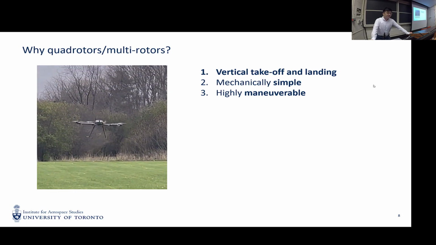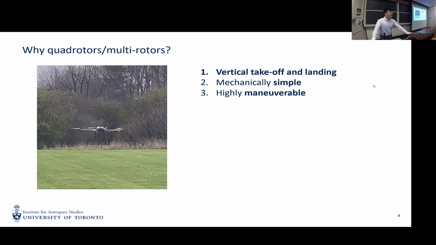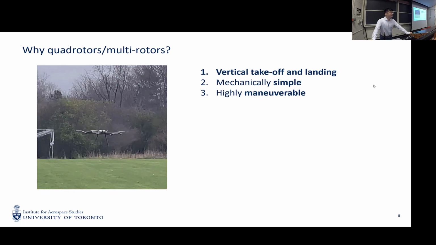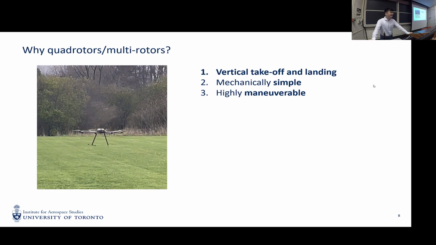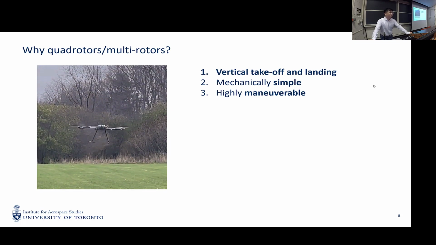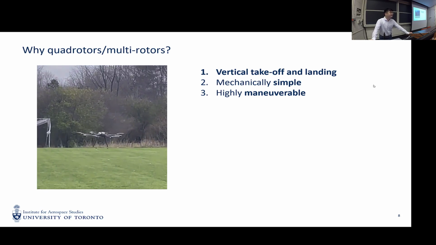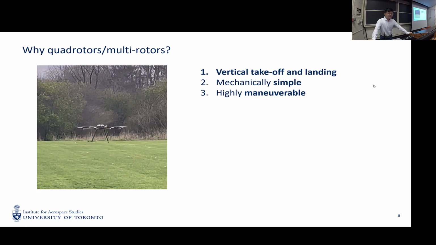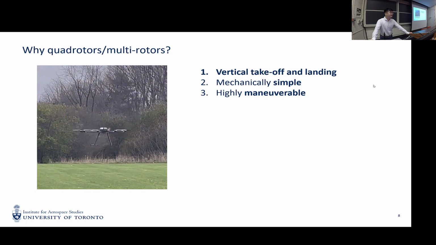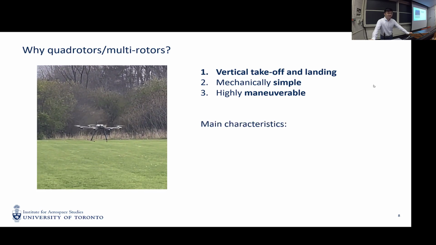It's also highly maneuverable. If the thrust-to-weight ratio is high enough, the quadrotor can do very aggressive maneuvers, such as quadrotors in drone racing, and all the acrobatics in drone shows.